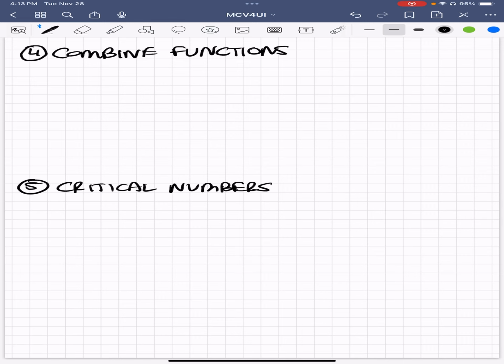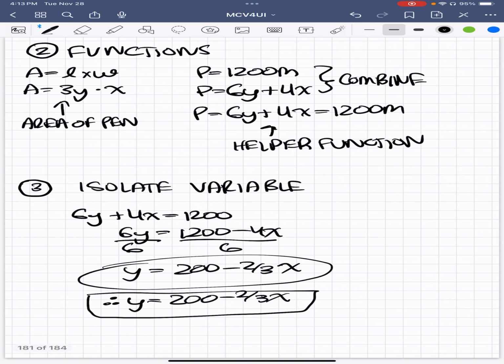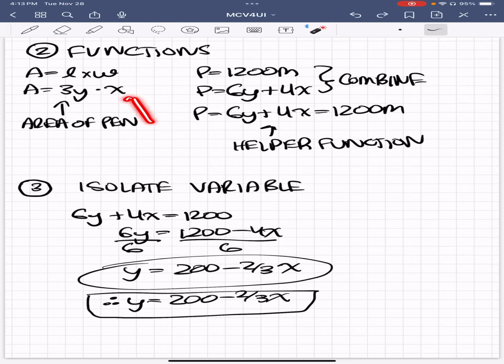So we are going to input this function right here into this function right here, and then we're going to expand and multiply to get the final function, and then we're going to use that to find the derivative and then find the critical numbers.